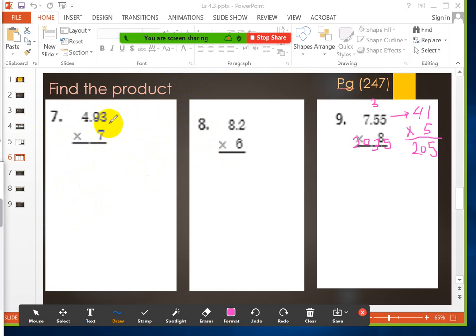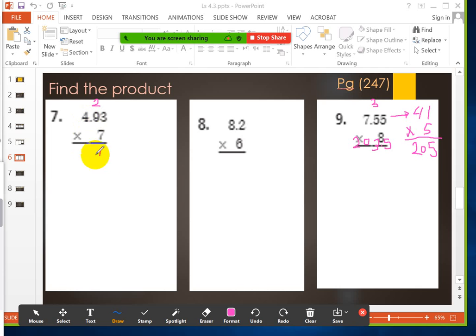7 multiply 3 equals 21. Very good. So I will put 1 here and 2 above the 9. 7 multiply 9 equals 63. Very good. Plus 2 equals 65.